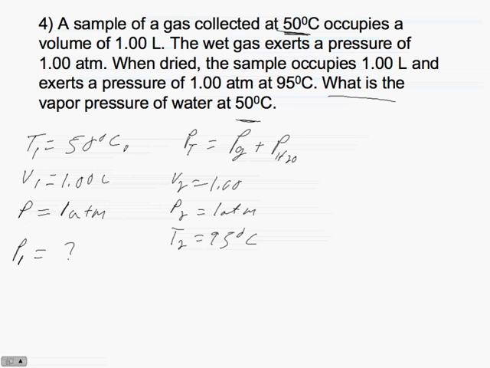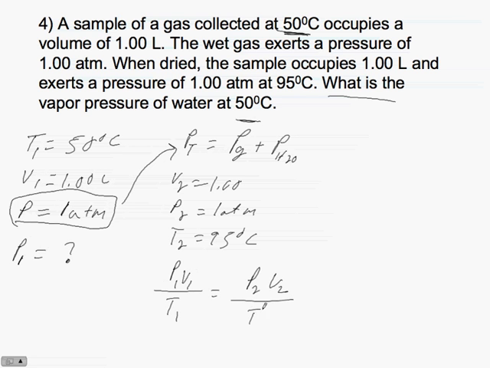We have everything else in terms of the initials, 50 degrees Celsius and volume, but we don't know what the initial pressure is. But we are told the total pressure, which is 1 atmosphere, and the total pressure is equal to the pressure of the gas plus the pressure of the water. So what we want to solve for is P1. We have P1V1 over T1 is equal to P2V2 over T2.